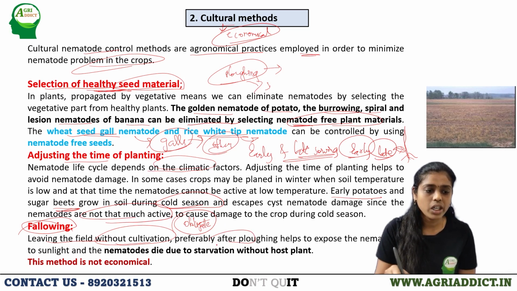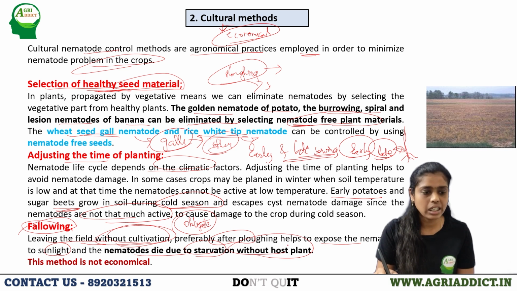So after plowing, if we leave the field without cultivation, that exposes the nematodes to the sunlight, and as there is no crop on the field, nematodes will die due to starvation without the host plant. Hence, by using this method, nematodes can be easily killed.